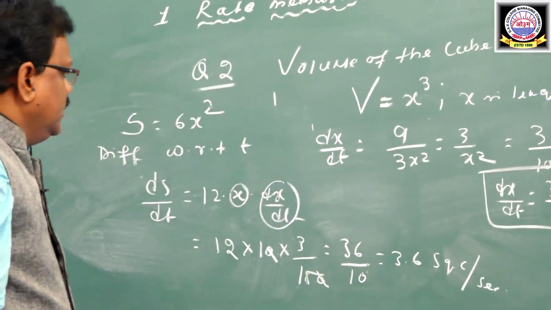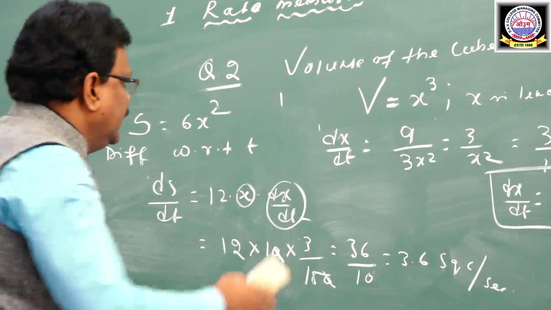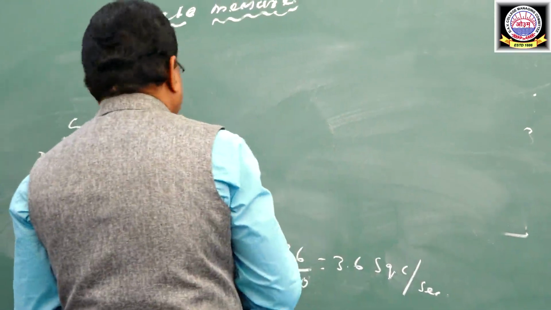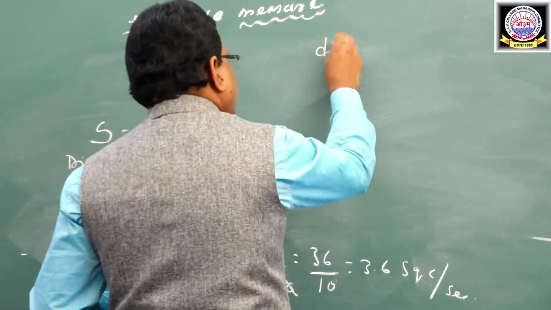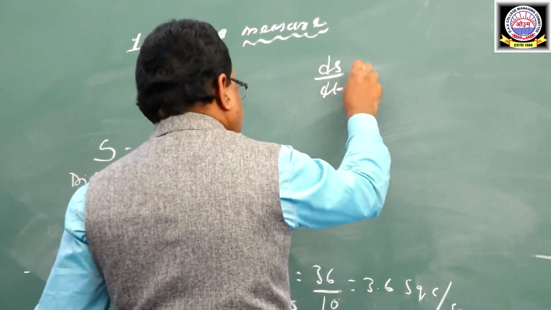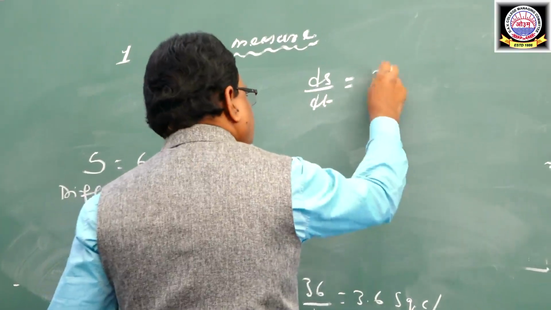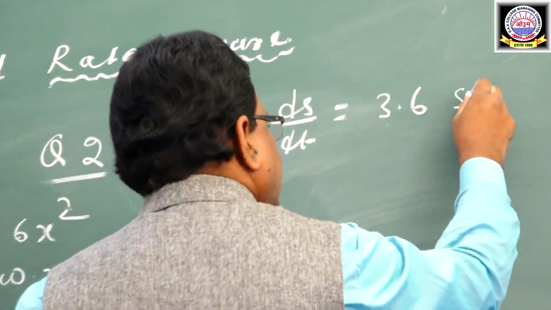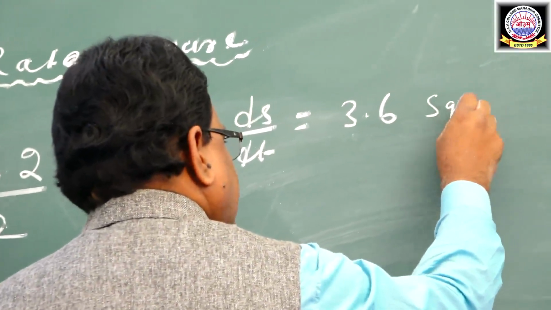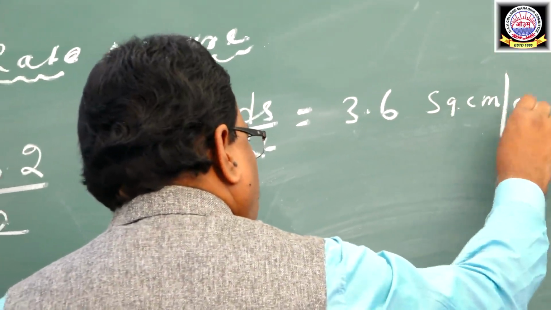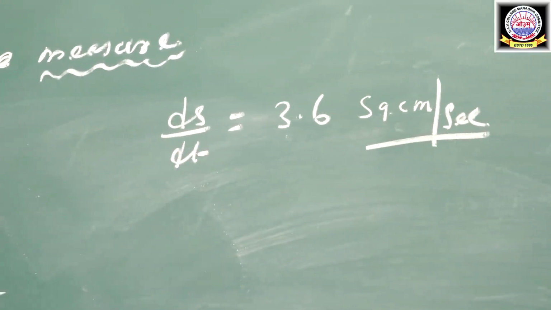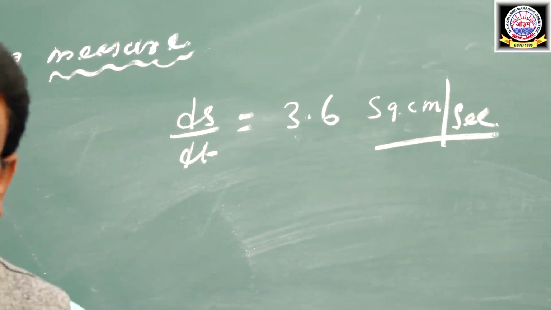Therefore, finally I can write dS by dt is equal to 3.6 square centimeter per second, because the unit of surface area is square centimeter.